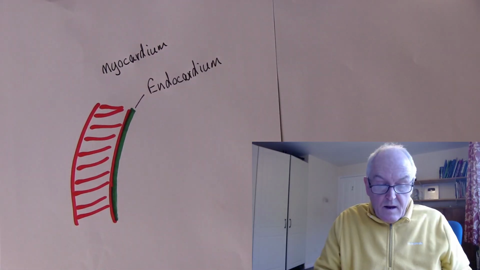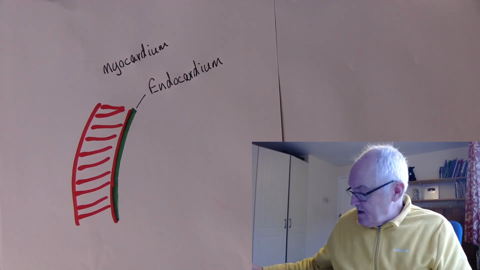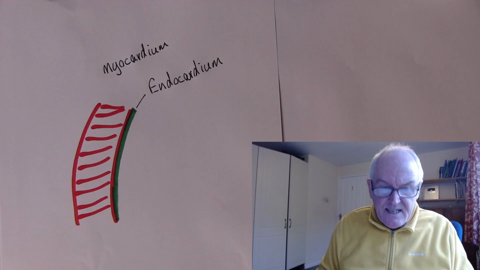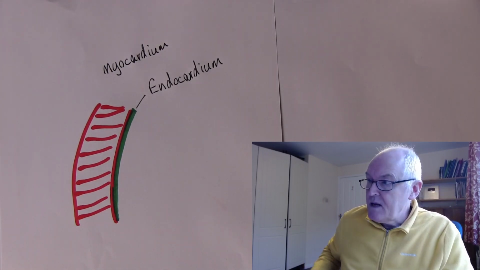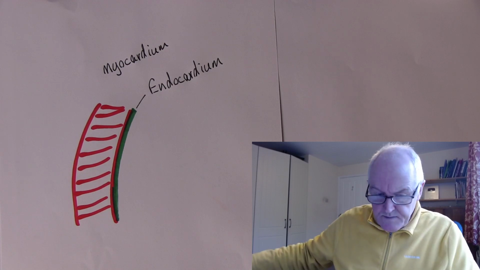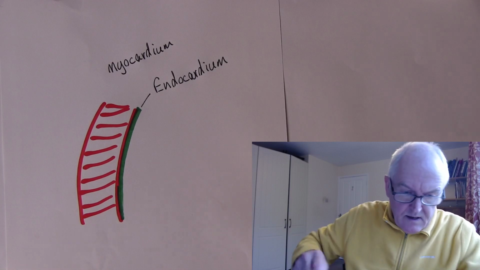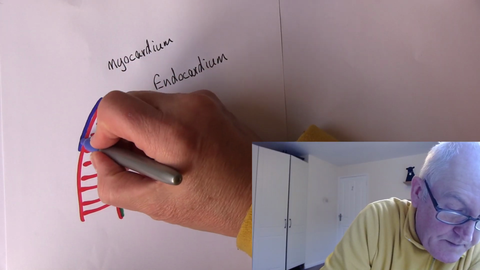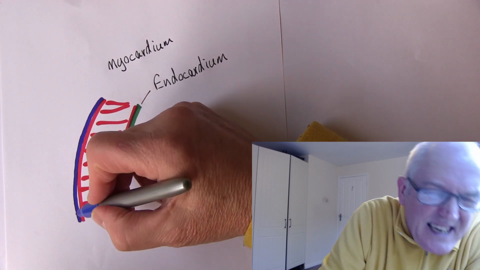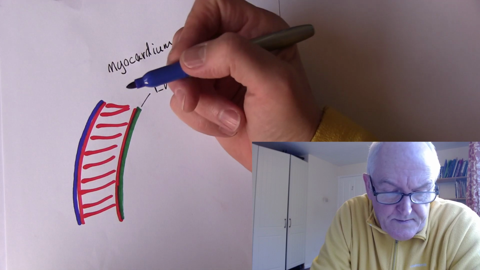Good. But round about the outside we have the pericardium. Now the thing about the pericardium is it's in layers. So there's layers of pericardium. So what we have first of all is a thin layer of pericardium on the outside of the heart. But is the heart one of the visceral organs?